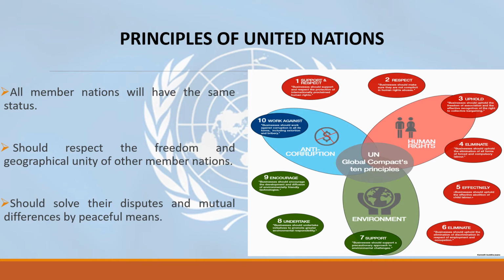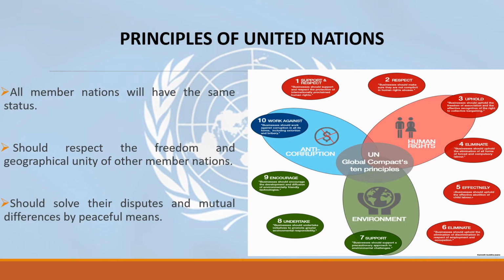All member nations of the United Nations should respect the freedom and the geographical unity of the other member nations, which means there should be respect for other nations who belong to the UN and there should be unity among the member nations.